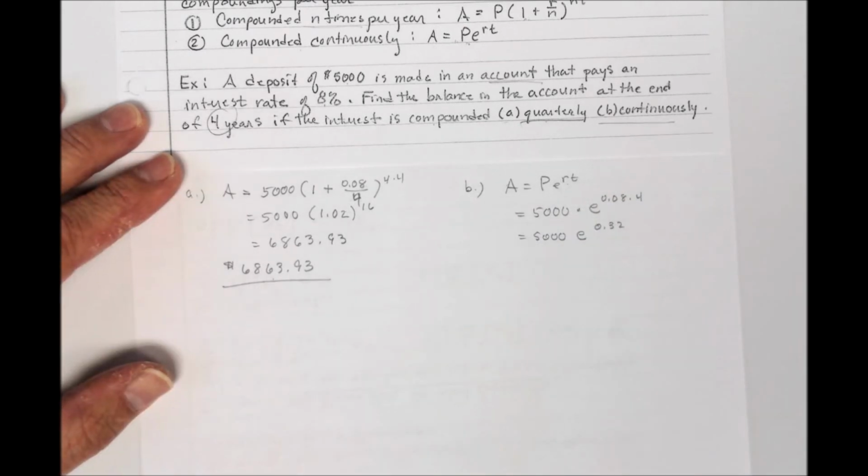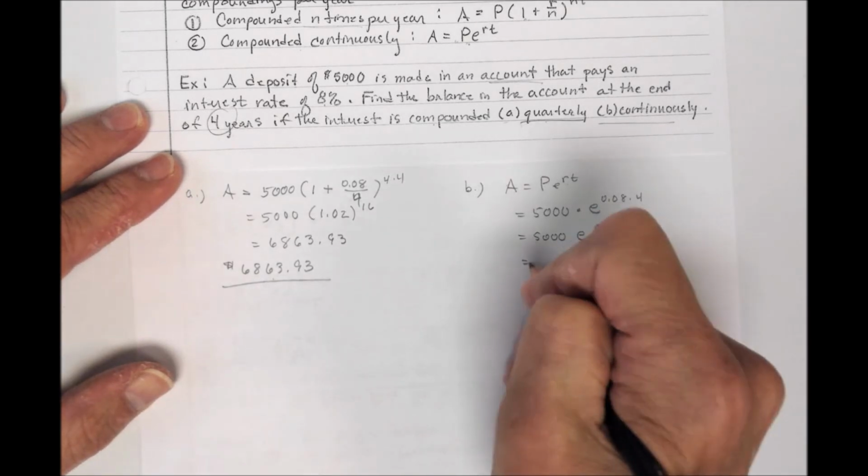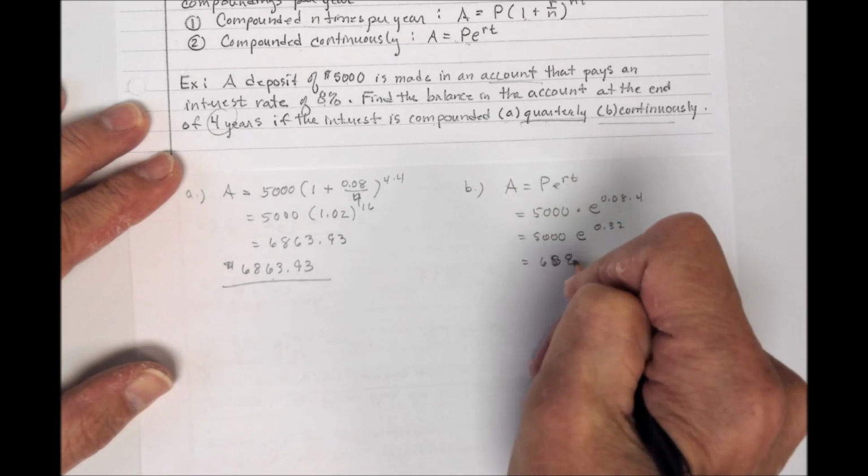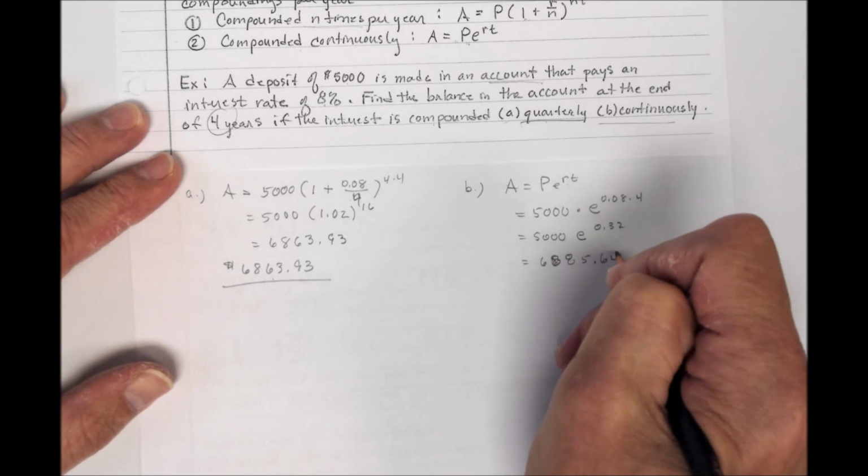So I have to find, oh, I don't have the good eyes on. There we go. e to the 0.32 times 5,000. And if I didn't mess it up too bad, I get 6,885, and to the nearest penny, 64.